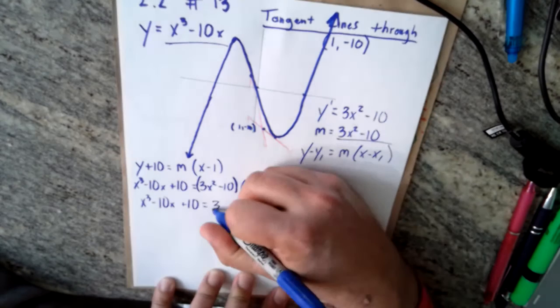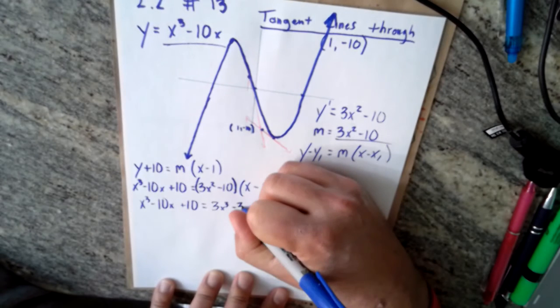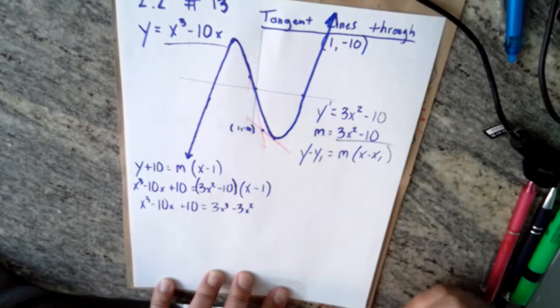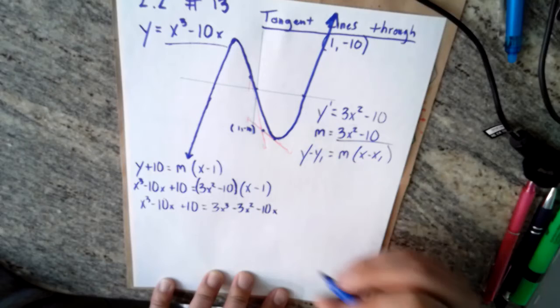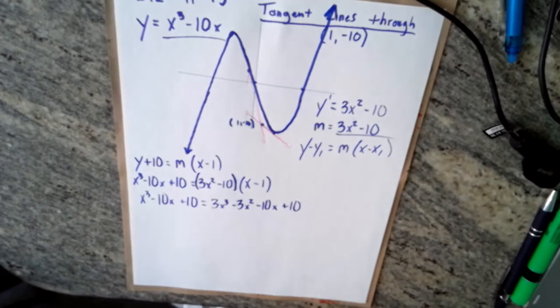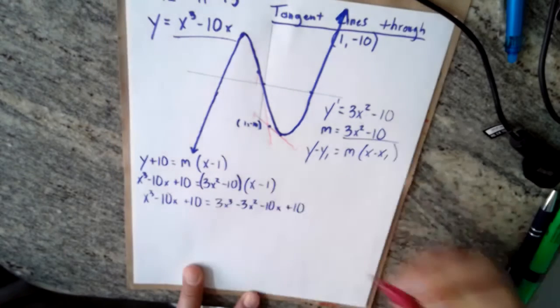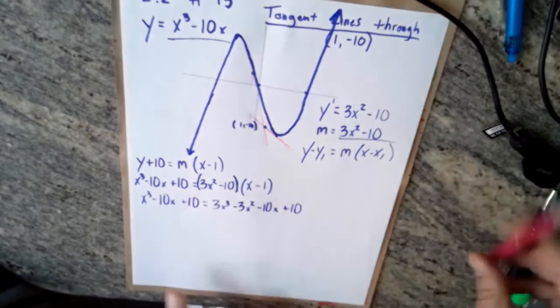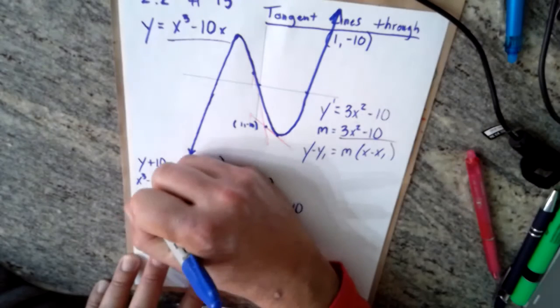First, 3x cubed, outside minus 3x squared, inside minus 10x, last plus 10. Aha, look. Those are gone. Those are gone. And now this isn't going to be so bad. Subtract x cubed from both sides.